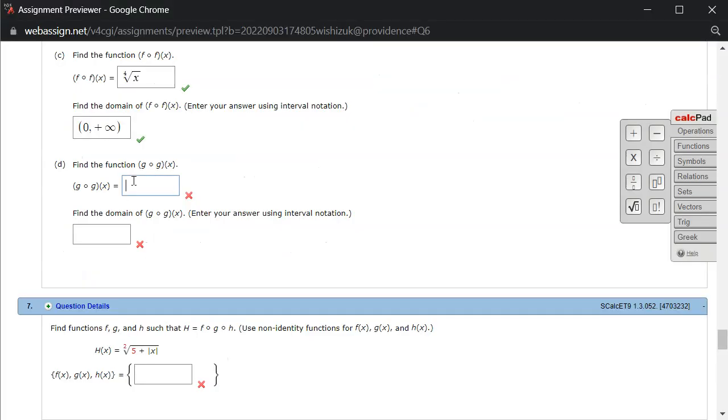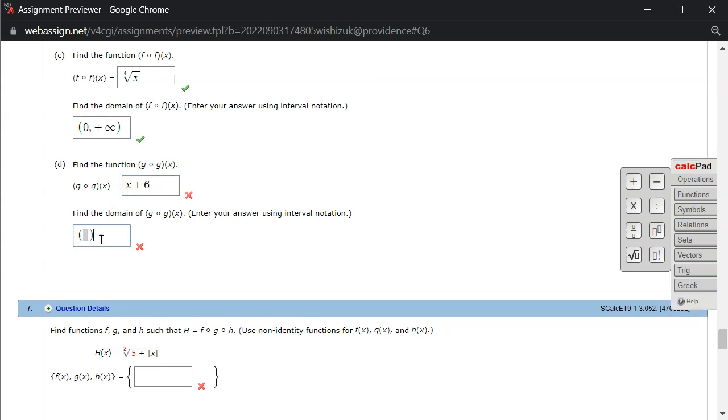All right, so let's type it in. We have function is x plus 6, and then domain is all real numbers. So negative infinity to positive infinity.